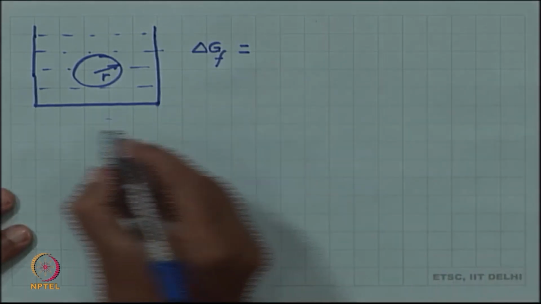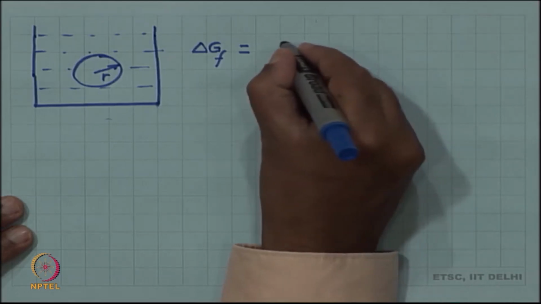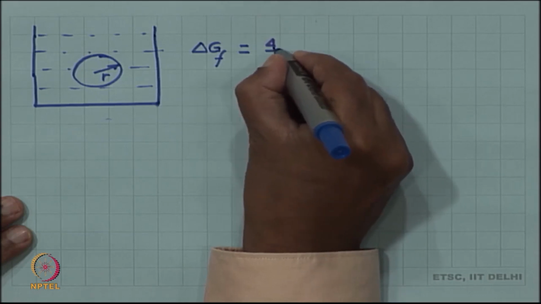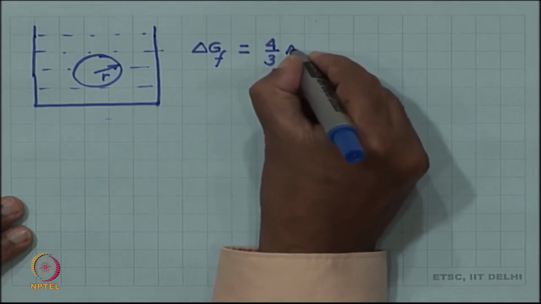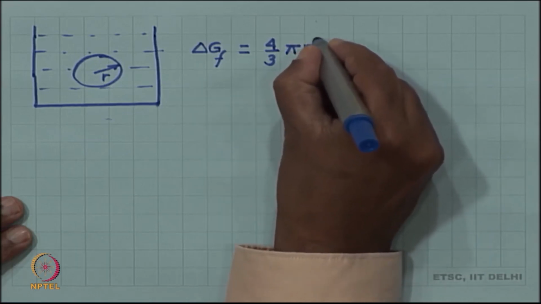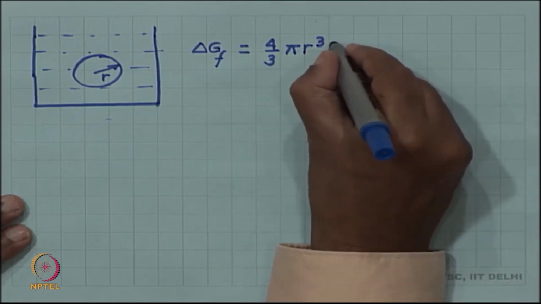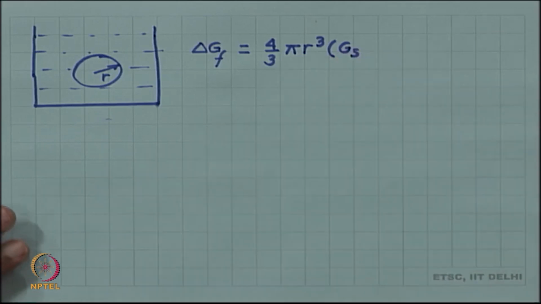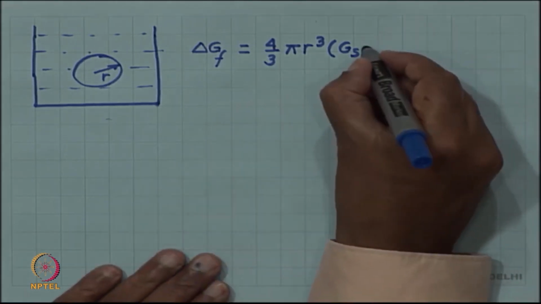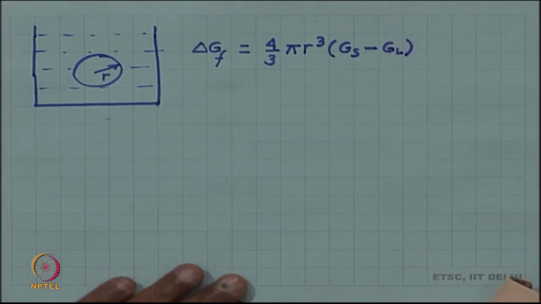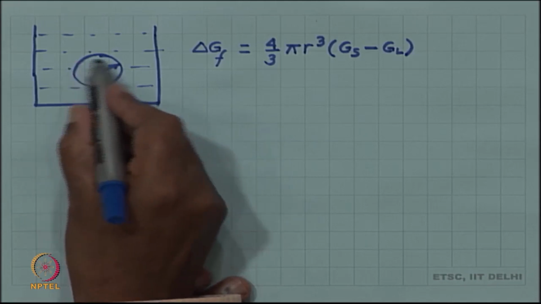Since a solid ball of radius r has formed, you have 4 by 3 pi r cube times Gs as the free energy which has been added to the system, but the same volume times GL free energy has been subtracted from the system because so much of liquid disappeared.